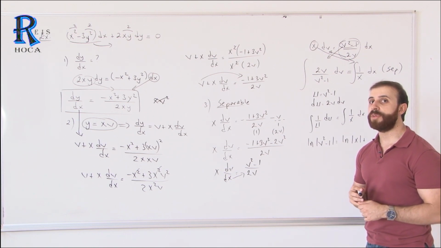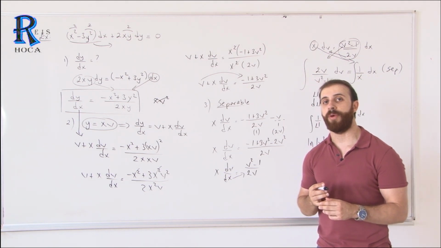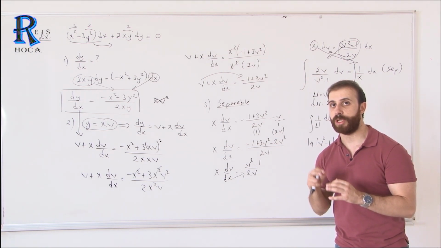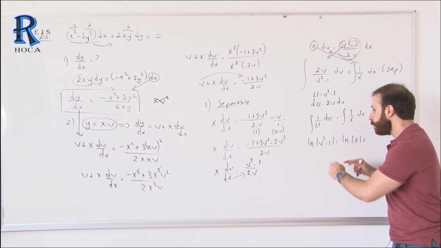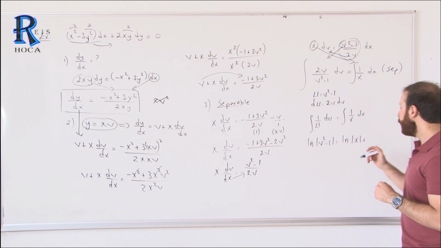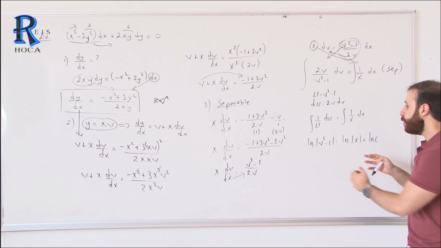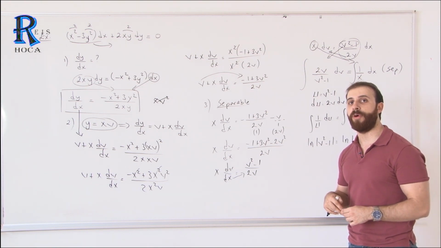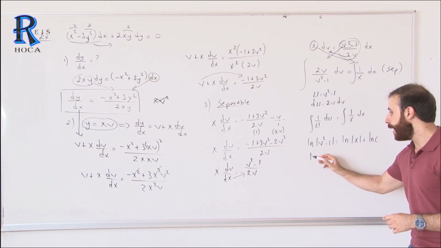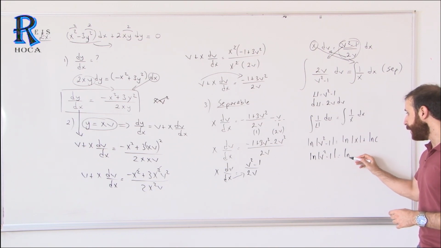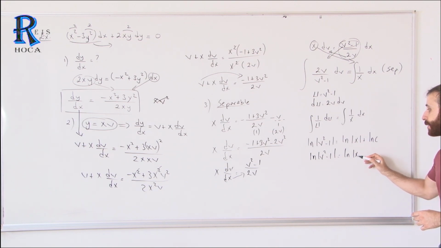And what we say about the logarithmic function: in a separable equation especially, if all the expressions are logarithmic functions, then instead of c, write ln c. Why? Because at the end we can remove all the terms of ln. So here ln of v square minus 1, here ln of x times c.